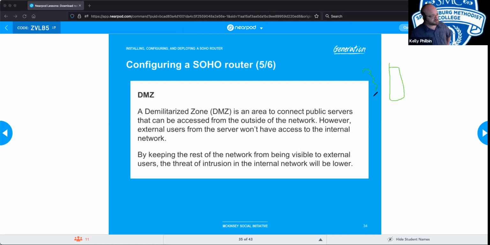Let's draw it like this: a horrible cloud that we will affectionately call the internet coming in, and we'll give flames on this. There we go, firewall. And we have a line through, and then we have another firewall here. Fire on it. There we go.